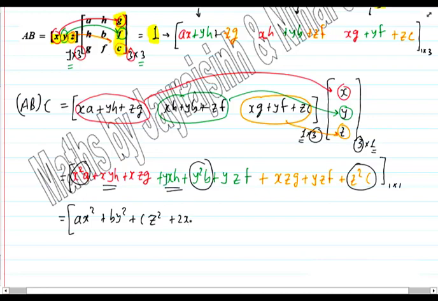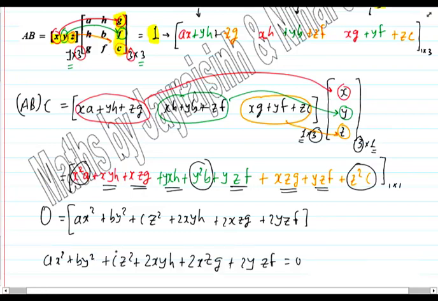So we can say it will be 2xyh, then xzg and xzg, so we get 2 times xzg, and yzf, 2 times yzf. And we know that A into B into C is the zero matrix. So we can say, to satisfy this condition, Ax square plus By square plus Cz square plus 2xyh plus 2xzg plus 2yzf should be equal to 0.